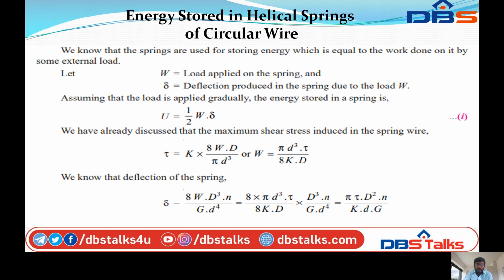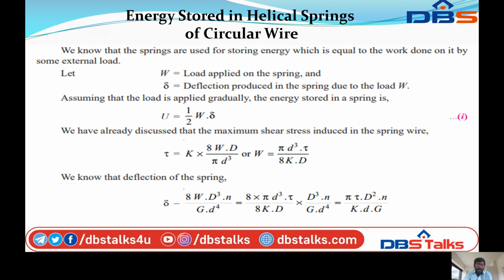Let W be the load applied on the spring and delta the deflection produced in the spring due to the load. Assuming that the load is applied gradually, the energy stored in a spring is U = 1/2 × W × delta.